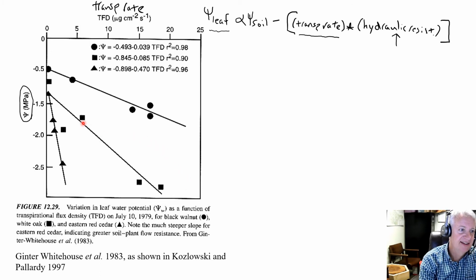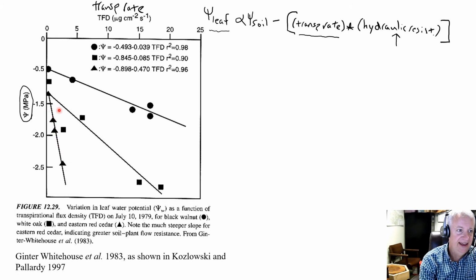But what you can see is that for a different species, in this case this is white oak here, it also declines, or its water potential becomes more negative as transpiration rate increases, but it happens at a steeper slope. And then this one, which is eastern red cedar, has a very steep slope.